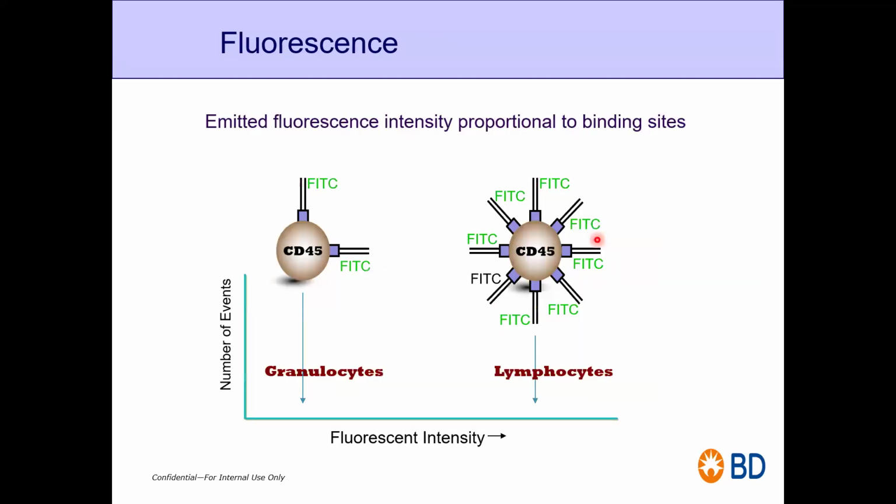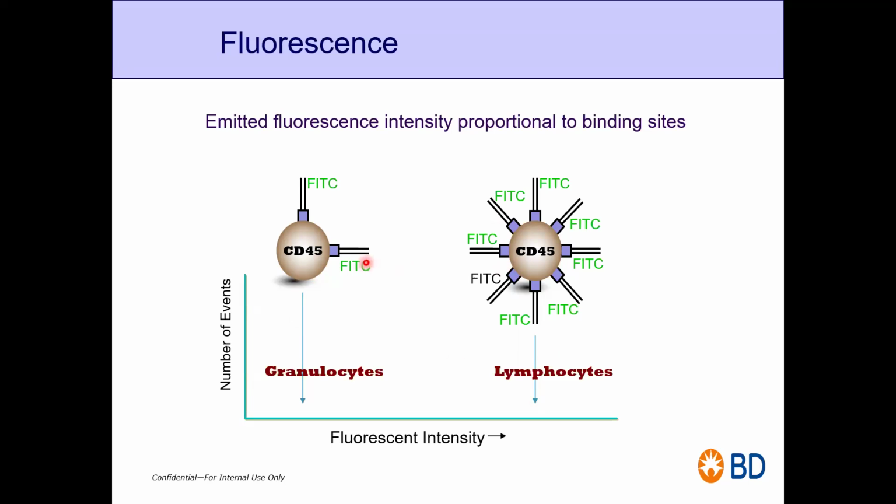Now, what does the fluorescence tell you? Generally, we put the fluorochrome in the antibody, so your antibody is labeled with the fluorochrome. The more binding sites, the more fluorescence. If you have more fluorescence, it tells you that there are more binding sites of that particular marker in your cells. For example, they have given this example: granulocyte and lymphocyte.